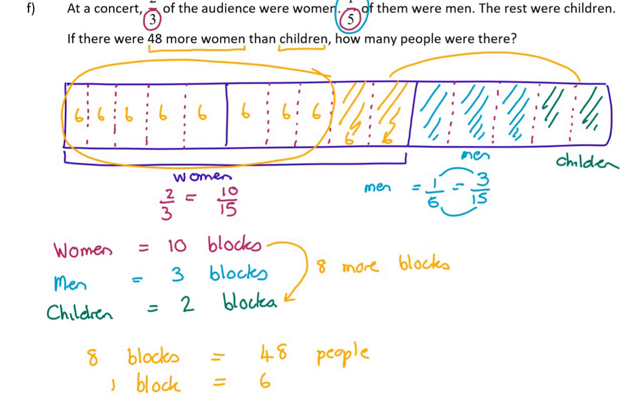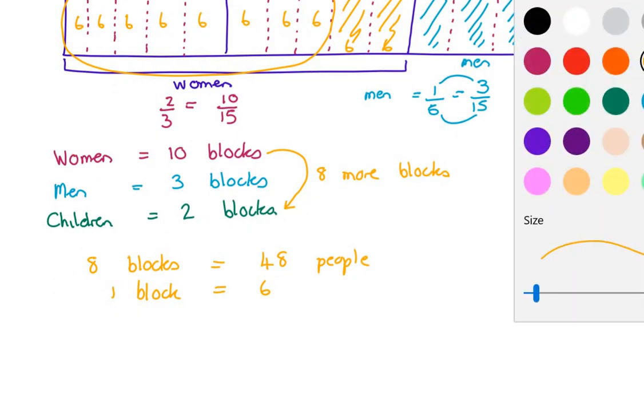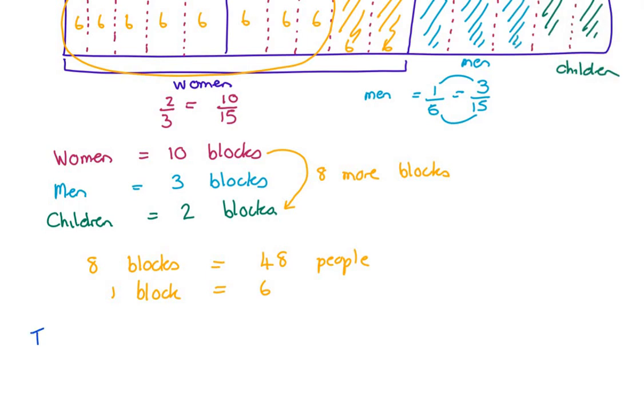Well, if they asked me how many women, there were 10 blocks of women, so it's 10 times 6. But this question said how many people in total. So in total, there's 15 blocks. So the total number of people are 15 blocks of 6 people, which is 90 people.